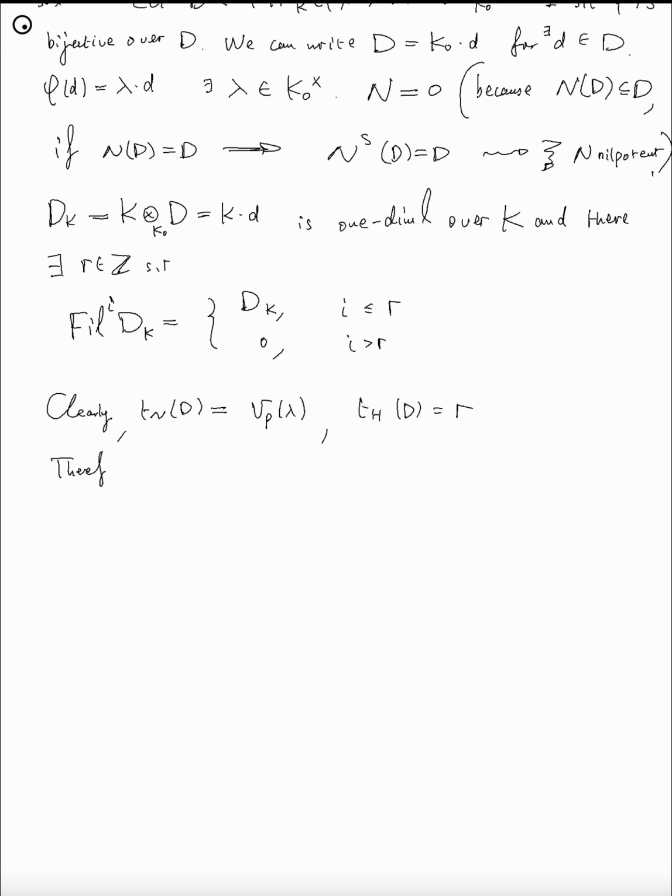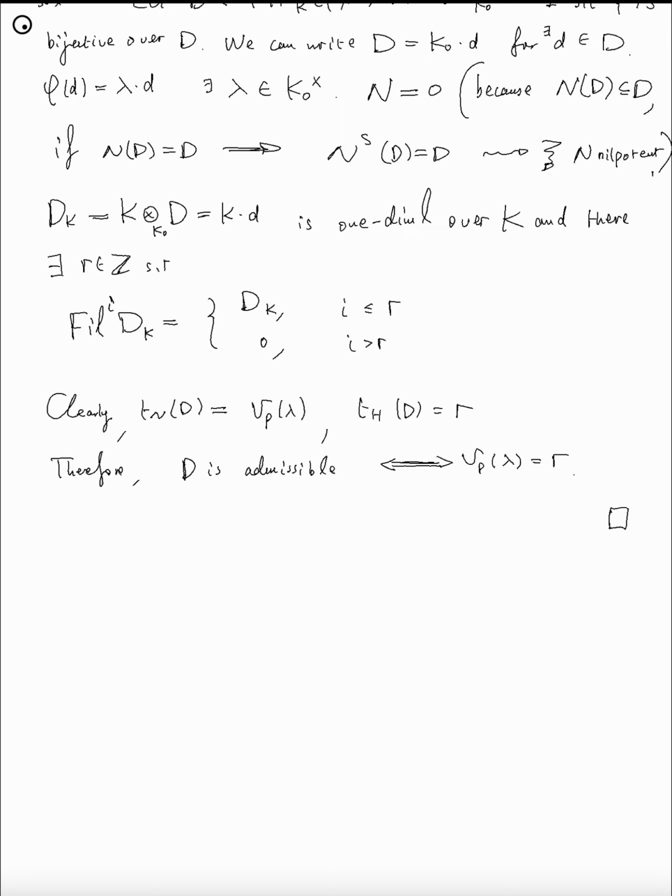Therefore, D is admissible if and only if the p-adic valuation of lambda equals exactly r, because dimension 1 means there is only one segment, right?